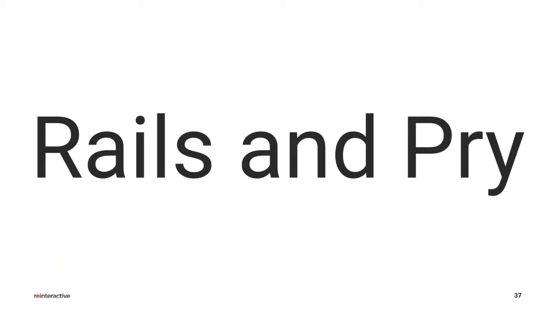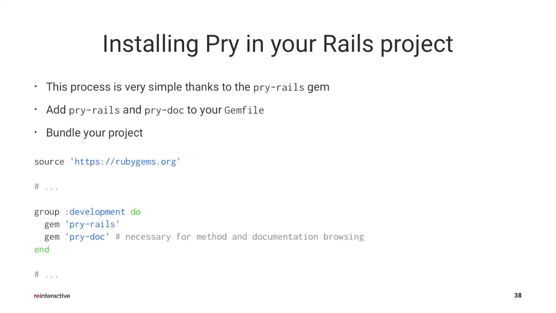Myself, I started with Ruby through Rails, and I write Rails most of the time. I rarely write a plain Ruby library or something. So using these with Pry with Rails is what I do most of the time, almost every day. So to install within your Rails project, it's easy thanks to the pry-rails gem.